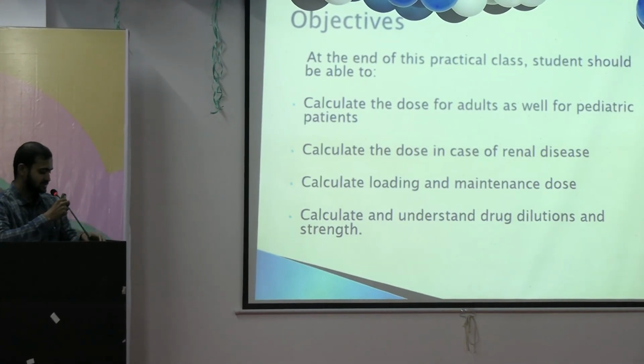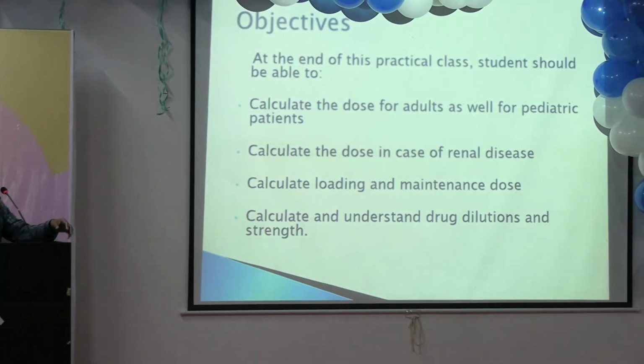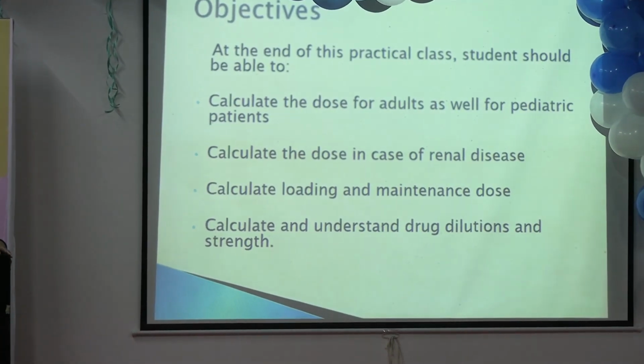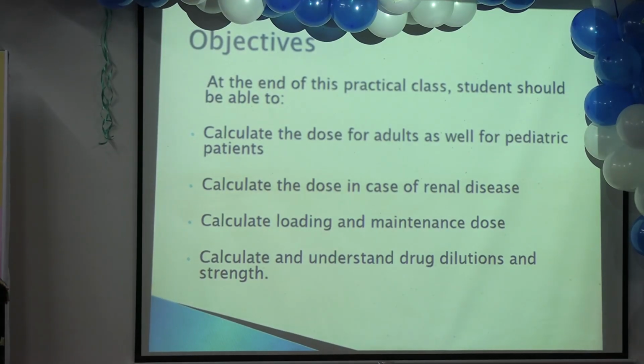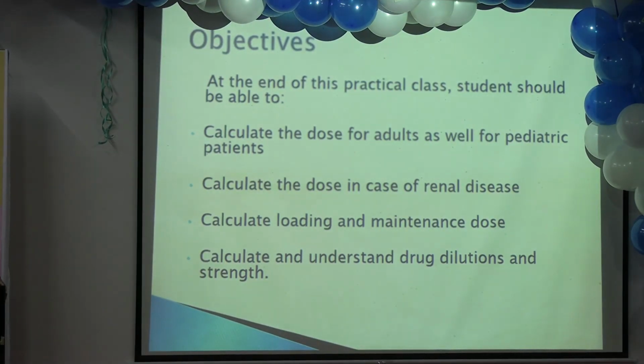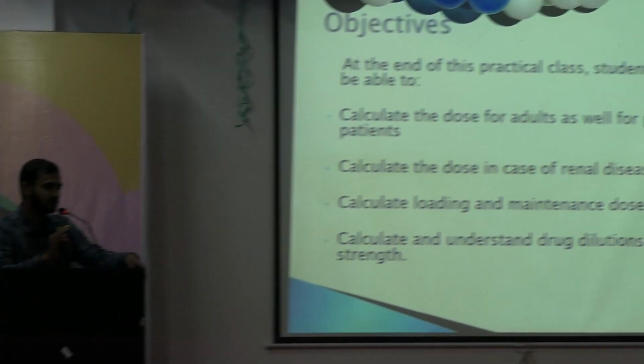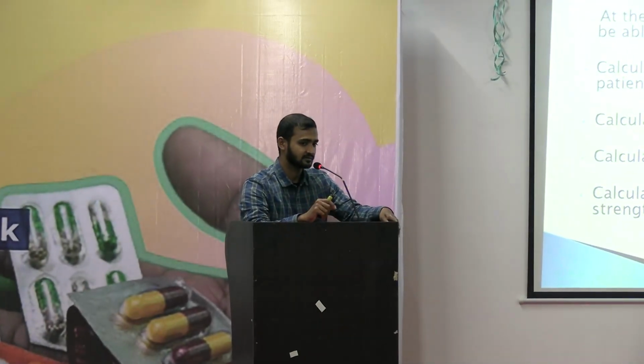So in the objectives, after this class, everyone should be able to calculate the dose, whether of any age group, whether the patient is pediatric, adult, or geriatric. Can you tell till what age we consider a person pediatric or a child?